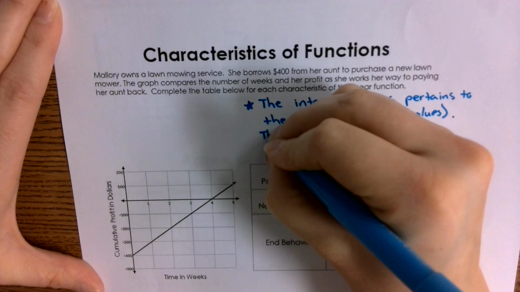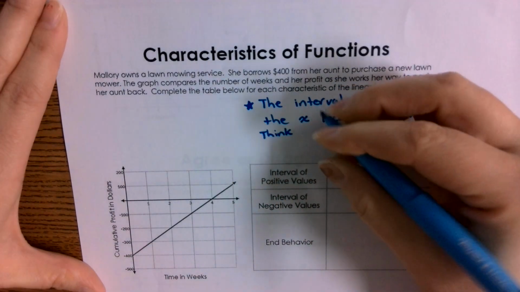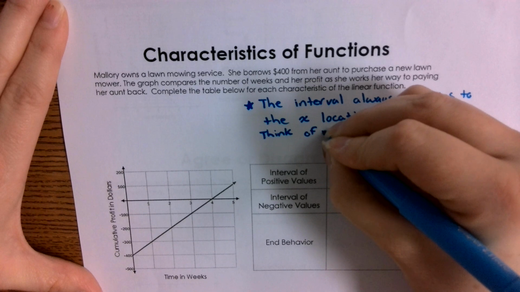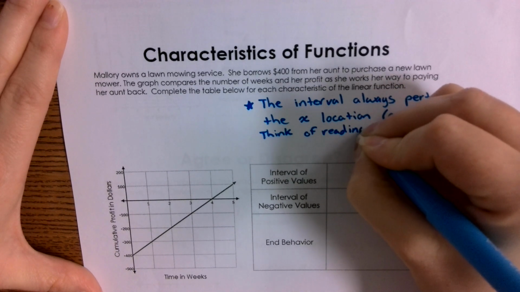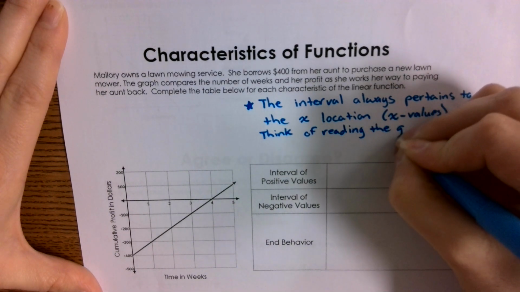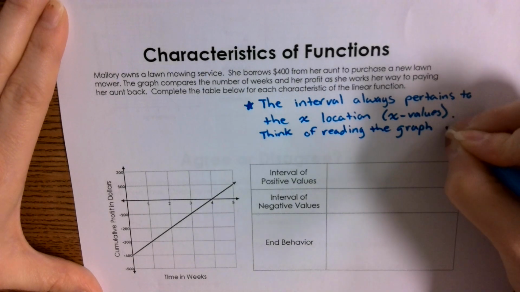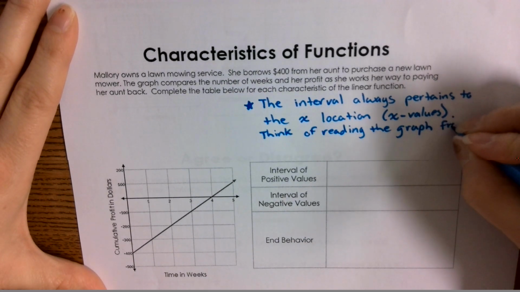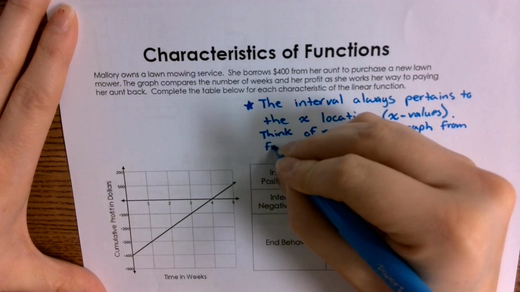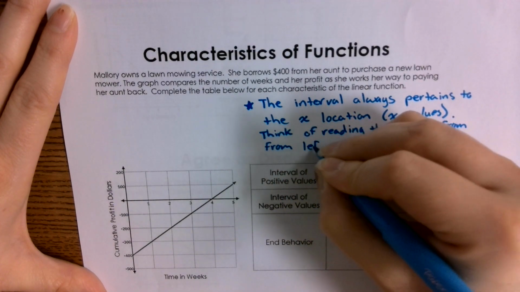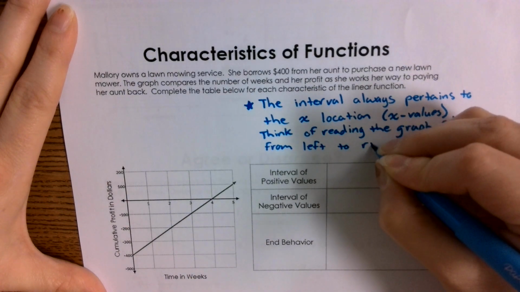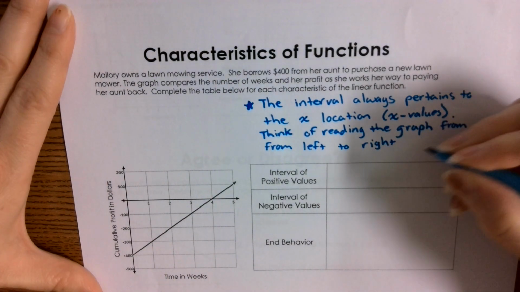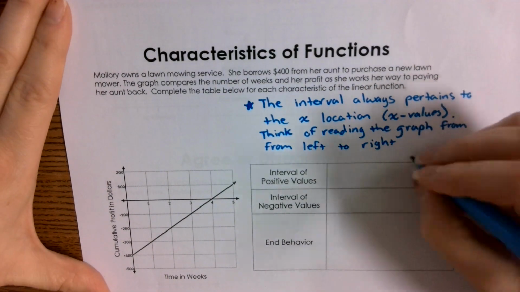You're going to think about reading the graph. Think of reading the graph from left to right, always along your x-axis.